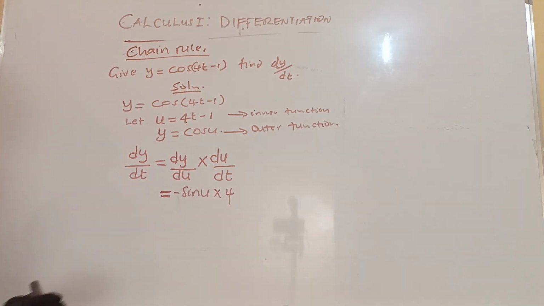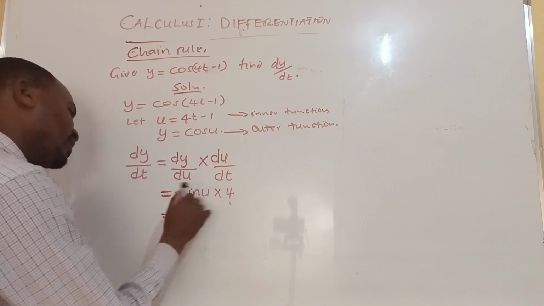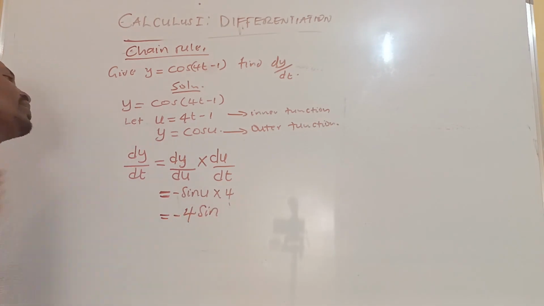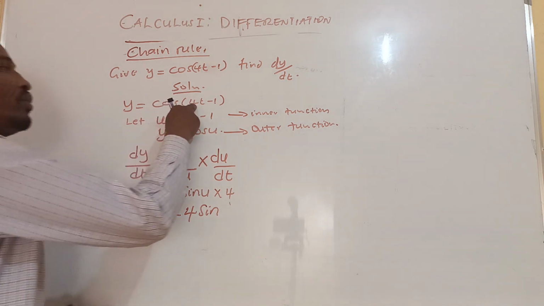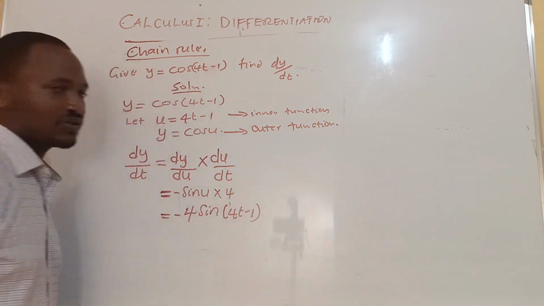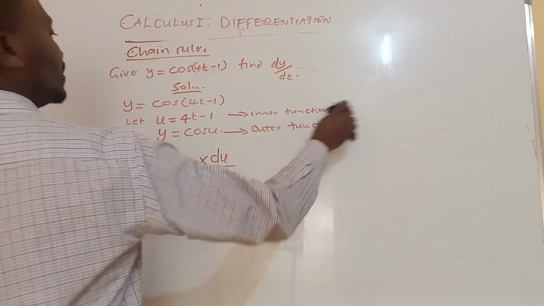So du dt is 4. So that finally this is negative, this 4, let us bring it here, 4 sine of, but what is the value of u? We substitute back 4t minus 1. So that's how we go about solving such a function. Now see something different.